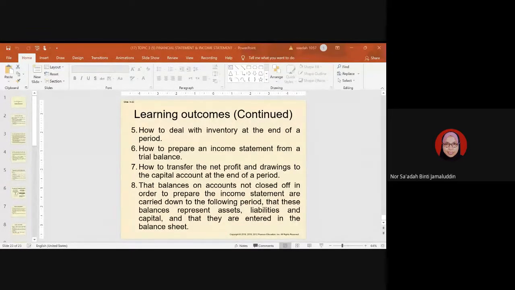The first one should be recorded in the income statement, and the second one should be recorded in the statement of financial position.